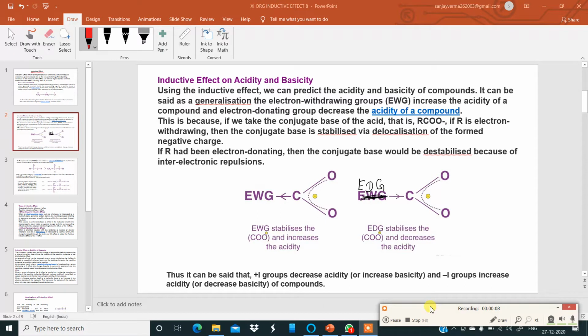Today, I'll be continuing with the chapter Organic Chemistry. In my previous class, I discussed the isomerism concept, the IUPAC nomenclature, and so on. Today, I would like to discuss electron displacement in covalent bonds.